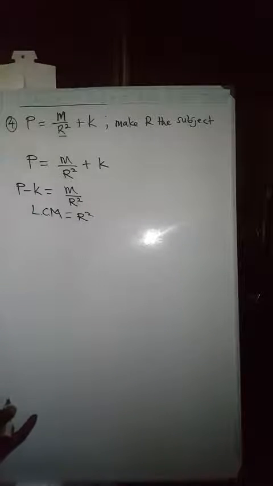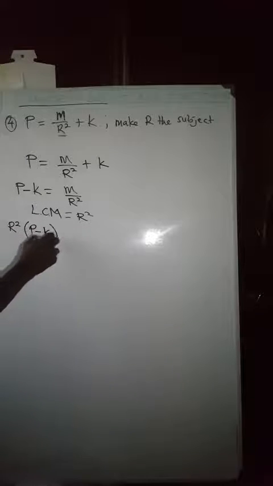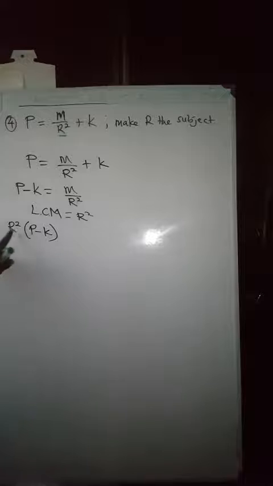So that becomes, remember on the left hand side now we have two terms, P term 1 minus K term 2. So multiply R squared by each term. So R squared times P minus K. So R squared times P, R squared times minus K. Okay, that's what I have here.